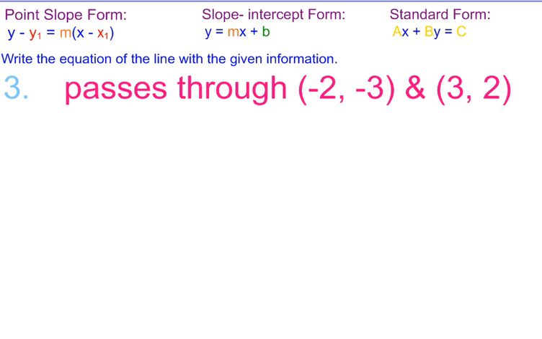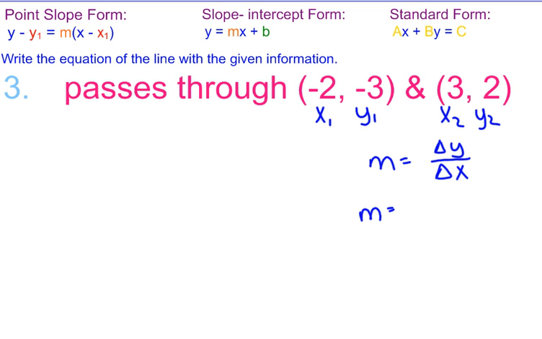What we can do then is find the slope of this line by taking the two ordered pairs they give us. So if you remember, we could label this x1, y1, x2, y2. And to find the slope of a line, we would do change in y over change in x, and that can go either way. Most of us are used to doing y2 minus y1, so that's the one I'll try.